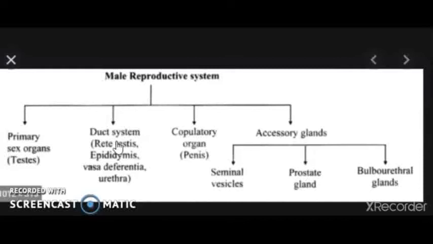First is the accessory duct system and second is the accessory glands. First we look at the accessory duct system. It includes rete testis, vasa efferentia, epididymis, vas deferens, ejaculatory duct, and urethra. Now, one by one, we discuss all of these.